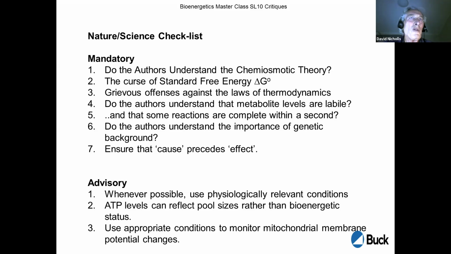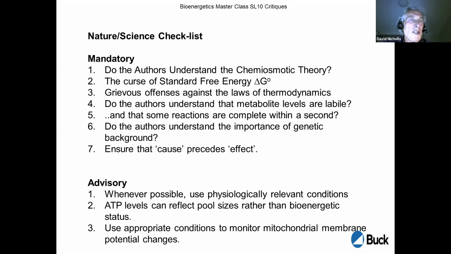So these are mandatory, and I'm going to give you examples, each of these rather egregious examples in high profile papers. Advisory, rather than mandatory, is to use physiologically relevant conditions. What I tried to do in my brown fat lecture was to emphasize getting as close as you can to physiology as soon as possible. It makes the experiments much simpler to design, much simpler to interpret.